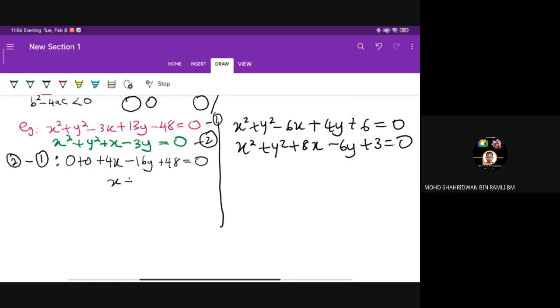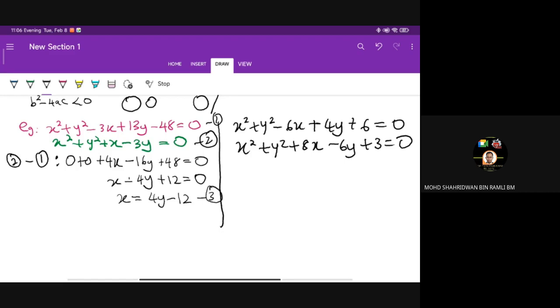Sorry. So this one will be minus 4y and then plus 12, which is equal to 0. Maybe you can express x as the subject, so it will be x equal to 4y minus 12. So this is your third equation.